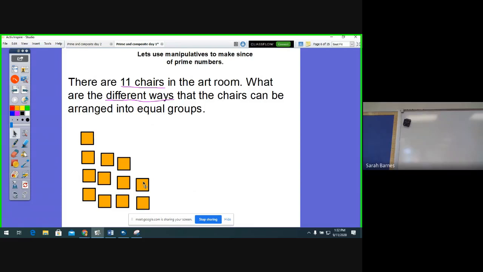Okay, so I have 4 here, 4 here, but only 3 here. I have 3 this way, 3 this way, 3 this way, and only 2 here. What does that mean?